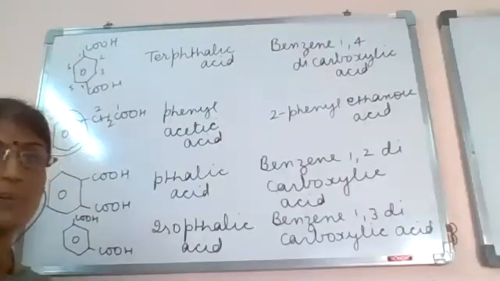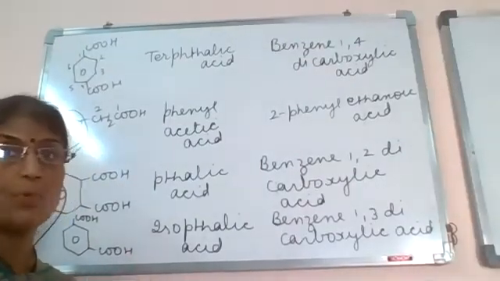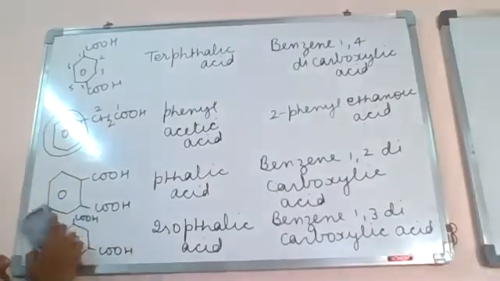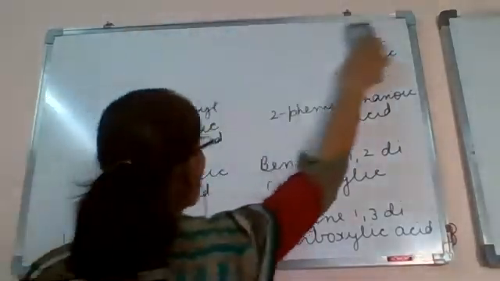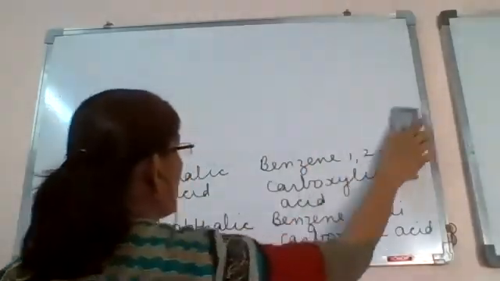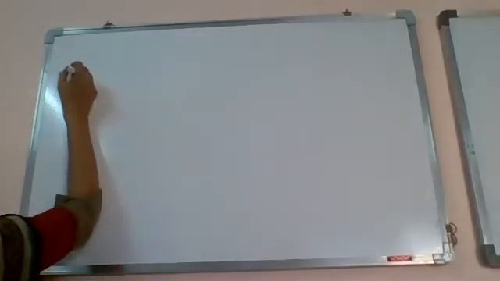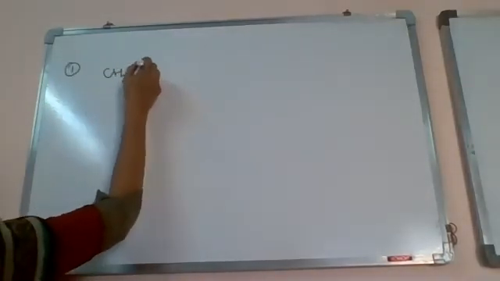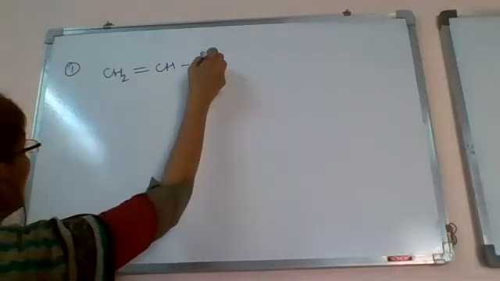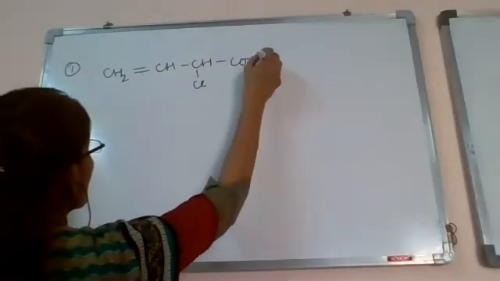Clear students? Now we will do some IUPAC names only. We will write for some examples, some compounds. First one, CH2 double bond CH, here Cl, here COOH.